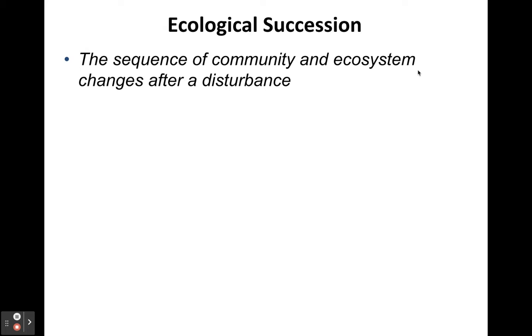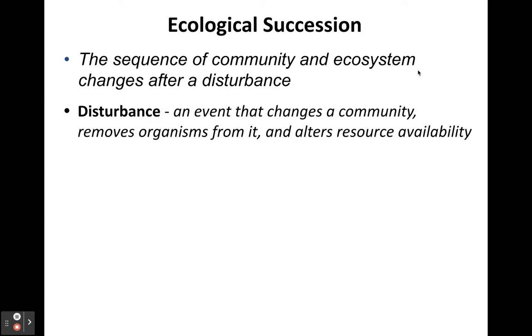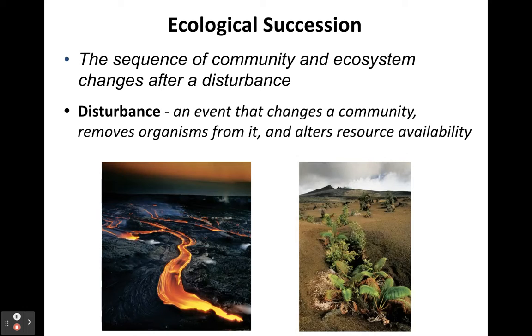Right, so what is a disturbance? A disturbance is defined as an event that changes a community, removes organisms from it, and alters the available resources. One example would be a volcano.